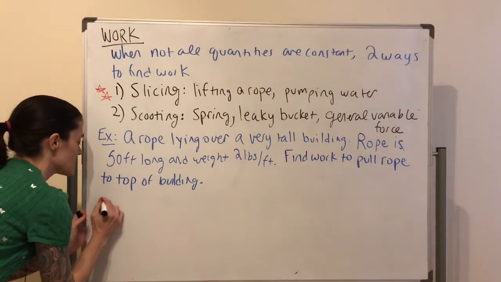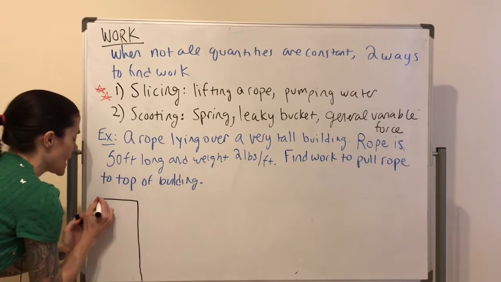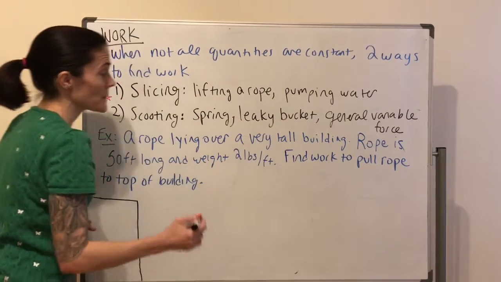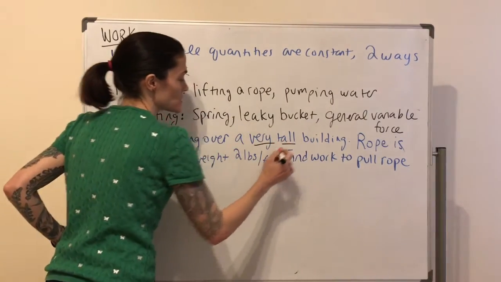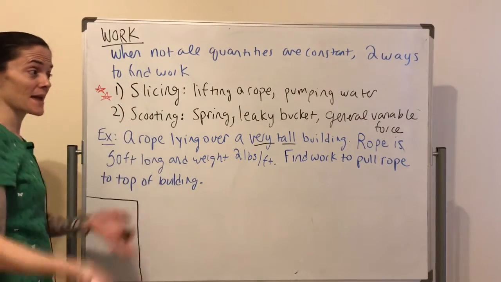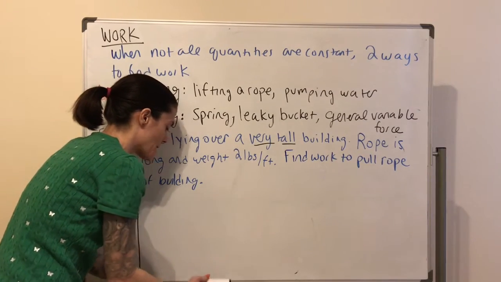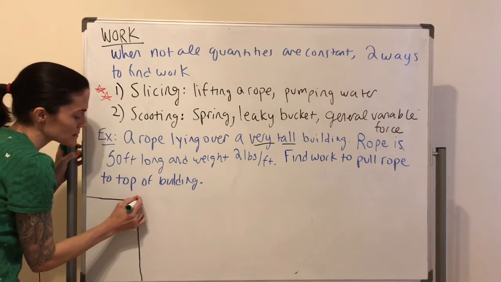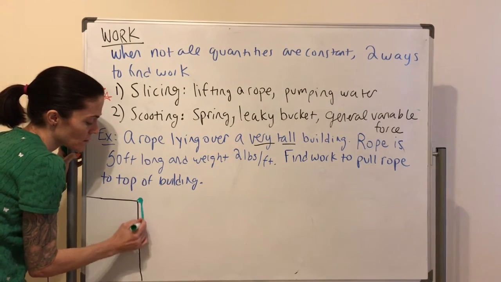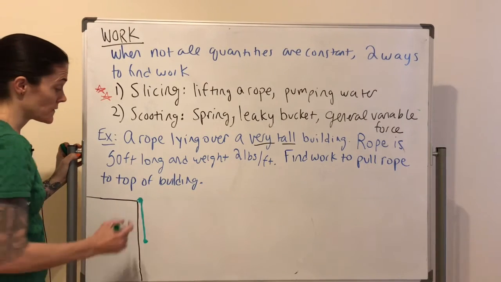My picture is something like this. It's a very tall building. It doesn't really matter the height. By very tall, I just mean it's more than 50 feet, so it's taller than the length of the rope. Here's my building, and then my rope goes down to here, and the rope is 50 feet.